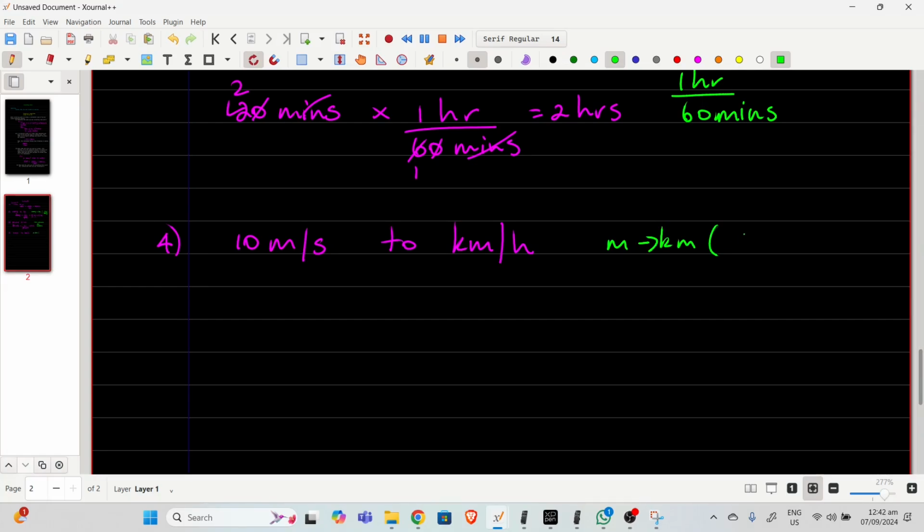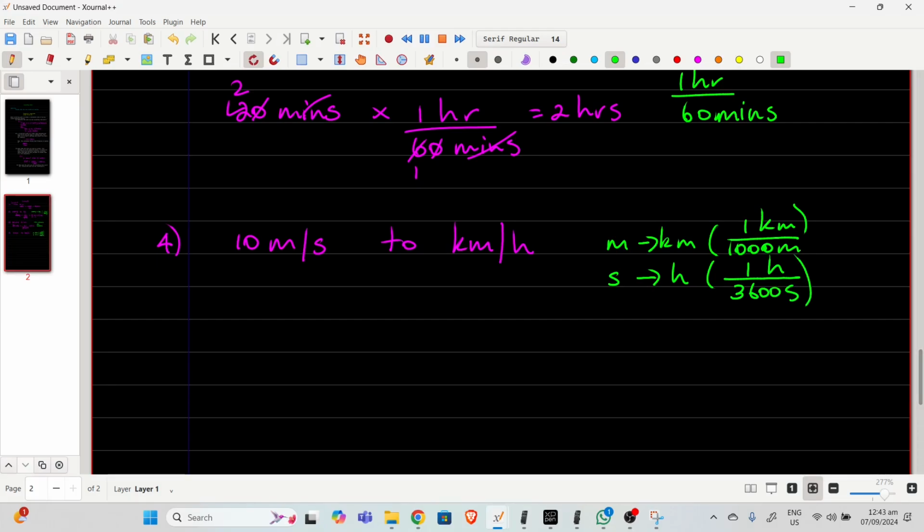That means I'm going to be using the conversion factor of 1000 meters on the underneath and 1 km on the top. I'm also seeing that I have to convert seconds to hours. So I'm going to have 60 seconds on the underneath. Actually, let me just do it like this: 1 hour, and then it's 3,600 seconds.